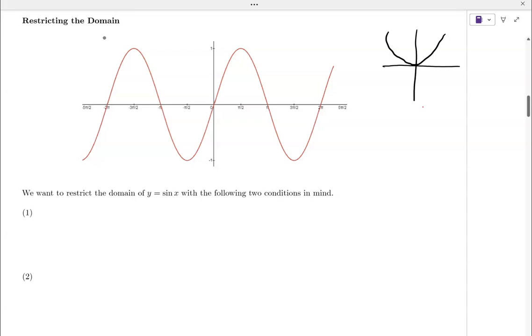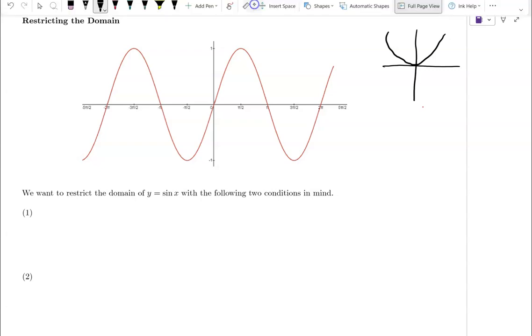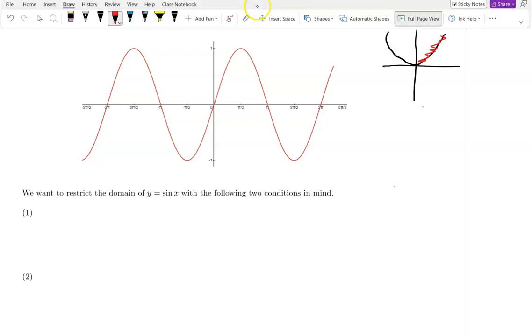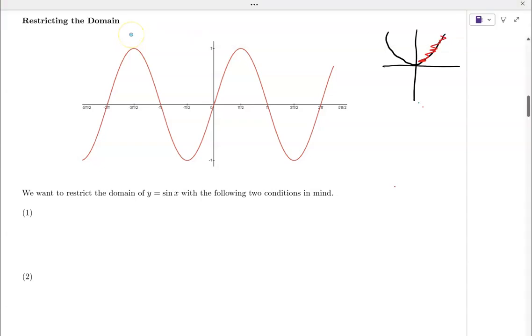If I restrict too small, I can't undo everything that I can possibly get out. Does that make sense? I want to make sure that my range is entirely taken up. Well, notice for the squaring function, you have two options, right? I could do the right-hand side, and that'll take up the entire range. Or you could do the left-hand side and take up the entire range. Those are the two options for the squaring function, right?